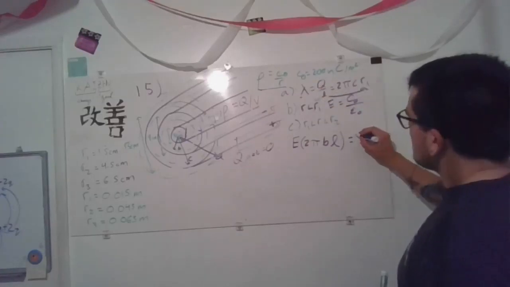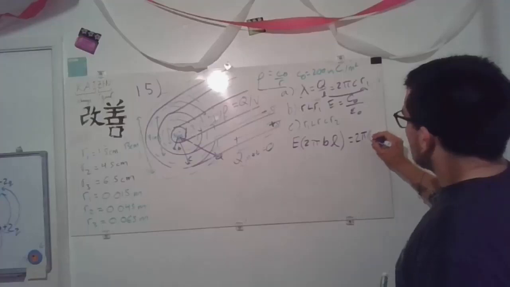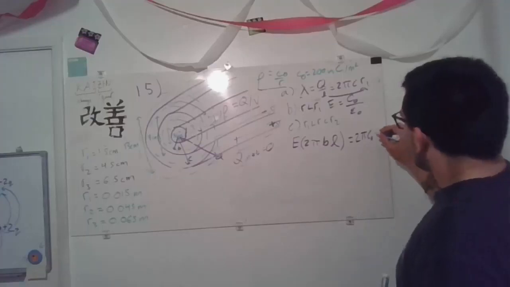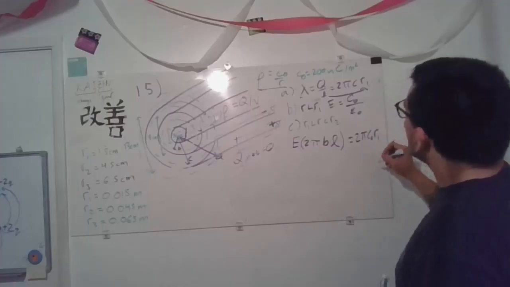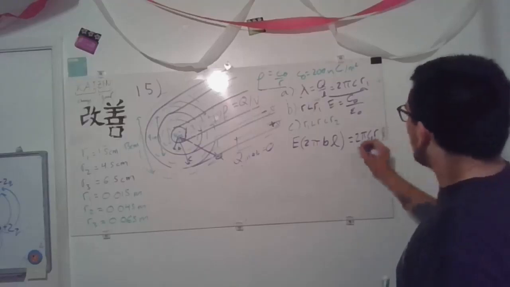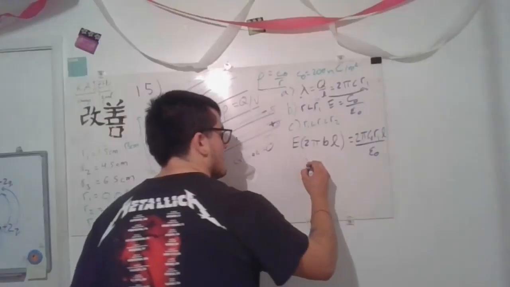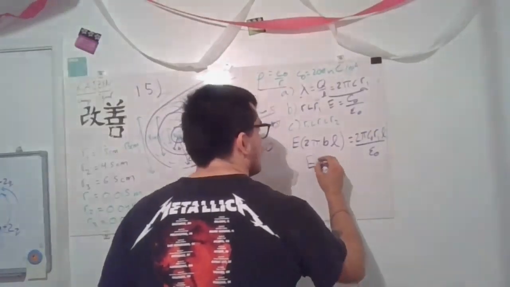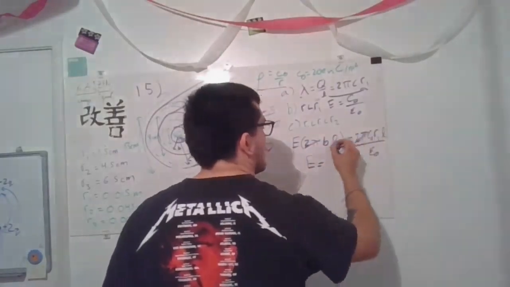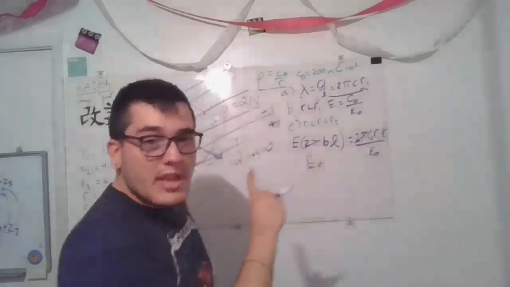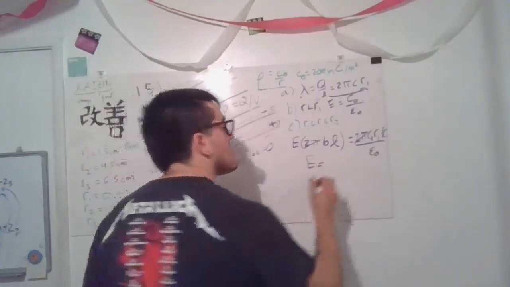So then I'm going to copy it, 2 pi C naught times R1 and times L over epsilon naught. Now let's do some canceling. 2 pi with 2 pi, L with L. You always want that L to cancel on both sides.